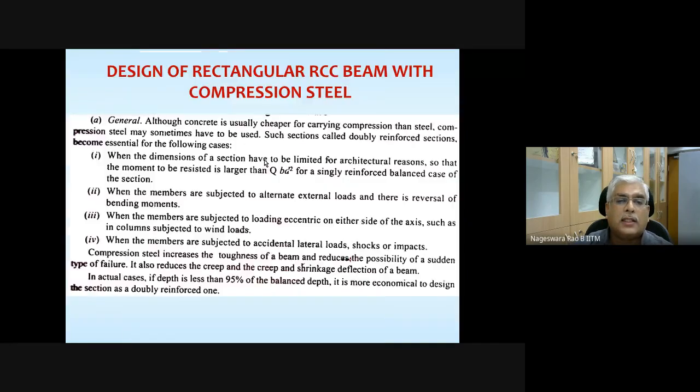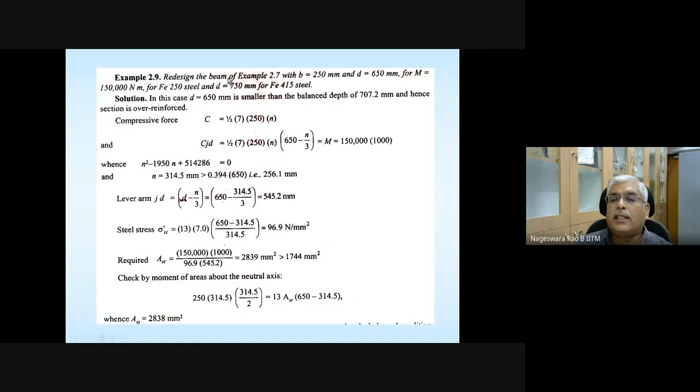Let's stick with whatever problem we are looking at and take the same dimensions. Let's redesign the beam with B equal to 250 mm and effective depth equal to 650 mm, and the moment which this beam has to withstand is 150,000 Newton meter, for two types of steel, Fe250 as well as Fe415. So redesign this beam as a doubly reinforced section.